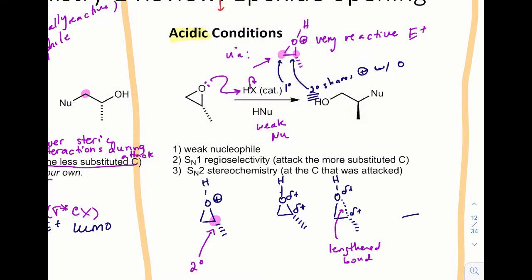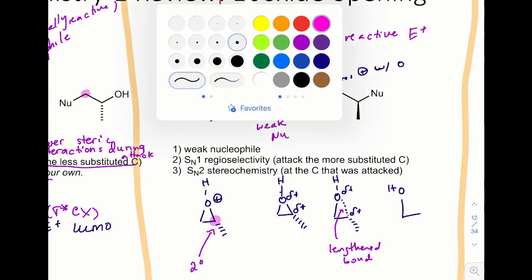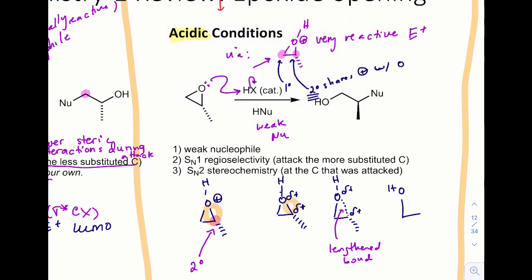And at an extreme, what we would see is the electrons in this bond just being fully localized on oxygen and a carbocation resulting at the more substituted carbon. So this is the extreme picture, right? This is the extreme way that the secondary carbon could share the positive charge with oxygen. It could just donate the electrons in the bond to oxygen and then assume the positive charge.